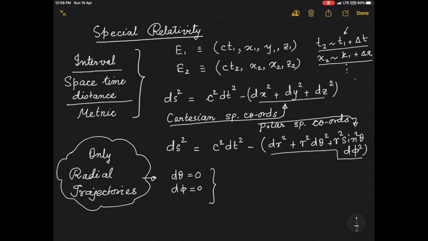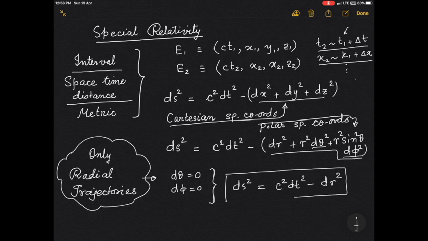And obviously if the particle moves, the time has to change. So for radial trajectories, I will get ds square is c square dt square minus dr square. That should be clear to you: for radial trajectories I will not have any change in theta or phi, and because of that I get ds square is c square dt square minus dr square only.